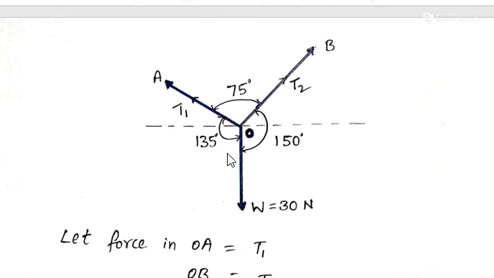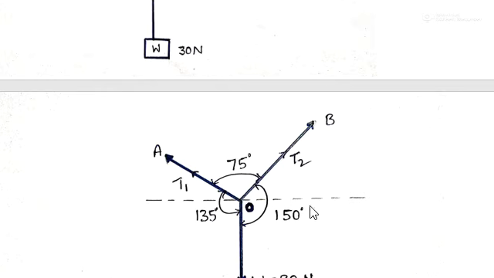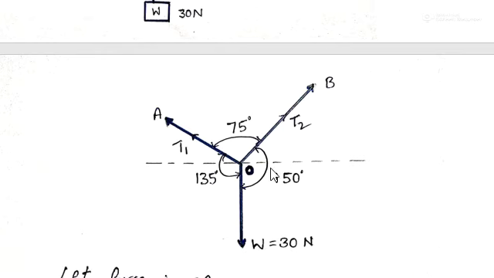So the angle between these two lines of forces is 135, and the remaining angle will be 75, because 135 plus 150 is 285, and 360 minus 285 gives the remaining 75. So we got the angles between the forces.